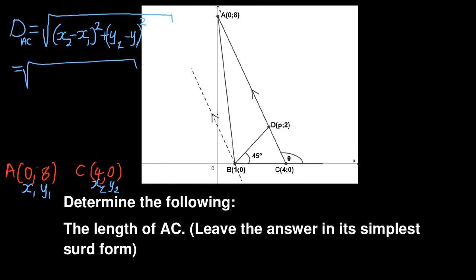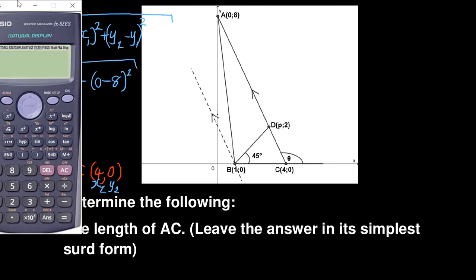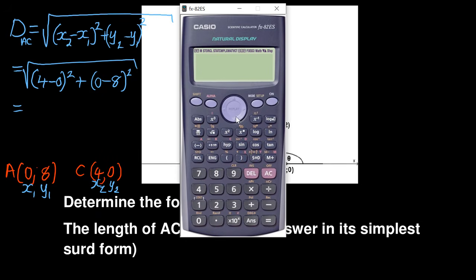Then I can substitute it up here to say my x2 is equal to 4 minus x1, which is 0, squared, plus my y2 is 0 minus y1, which is 8, squared. Now the easier thing is to use your calculator, which will give your answer already simplified.